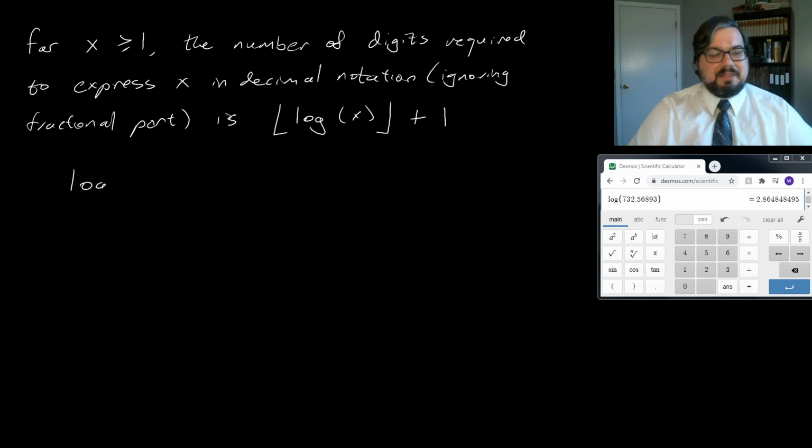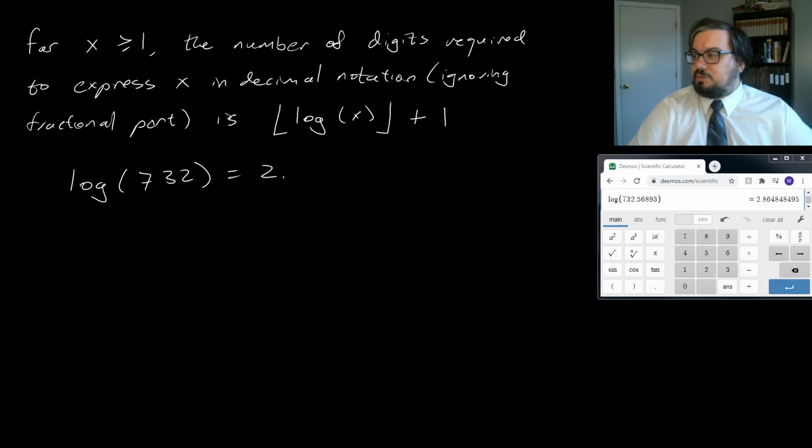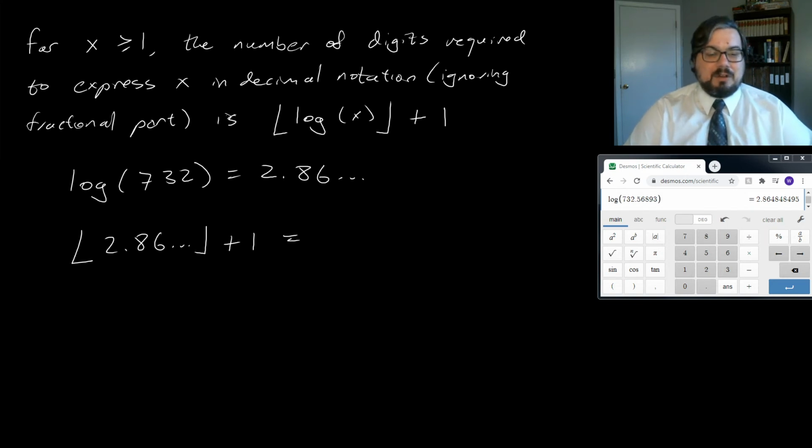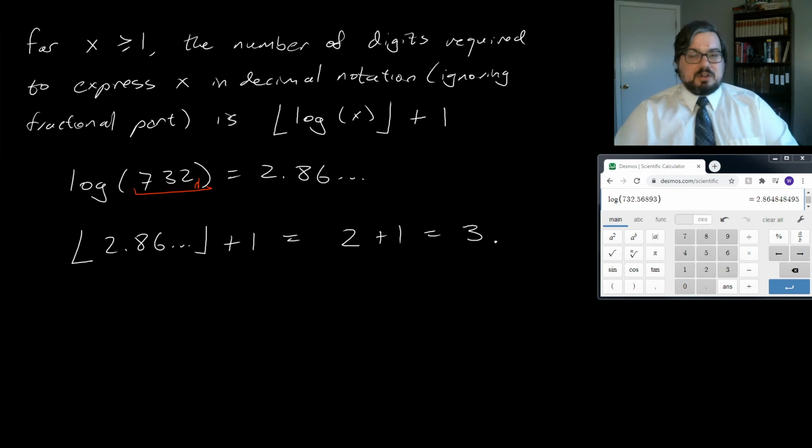So for instance, we had that the common logarithm of 732 was 2.86, etc. And so if we take the round down of 2.86, etc., plus 1, the round down of 2.86 is 2, and adding 1 gives you 3, which is in fact the number of digits in what you started with.